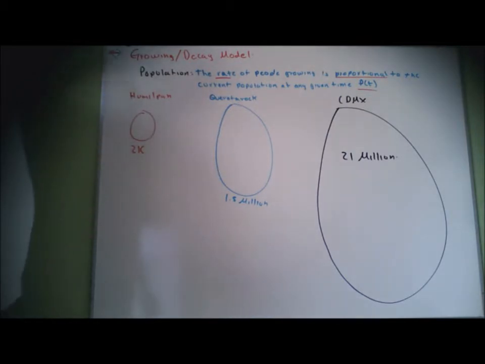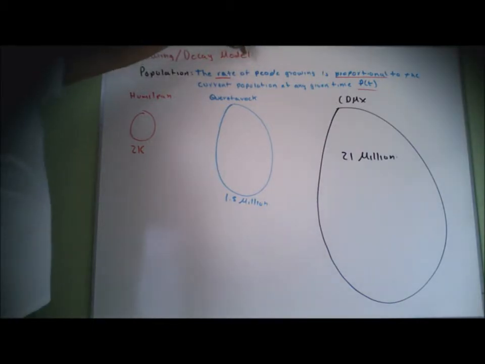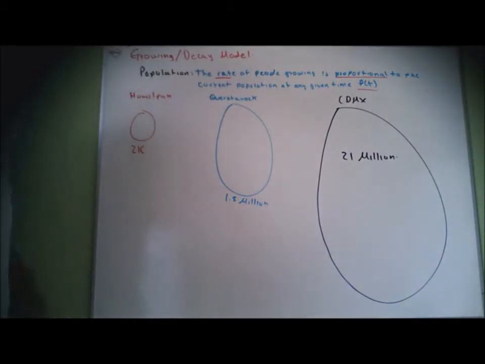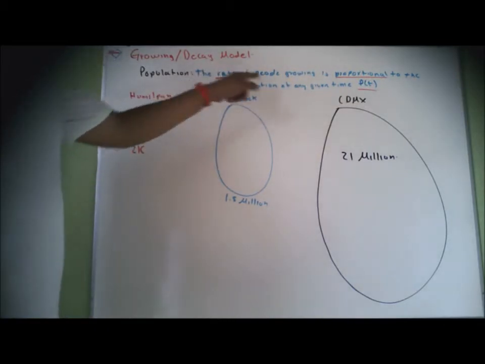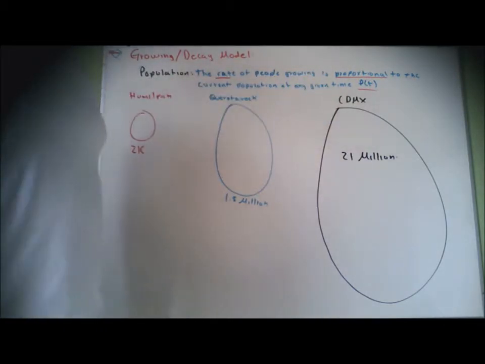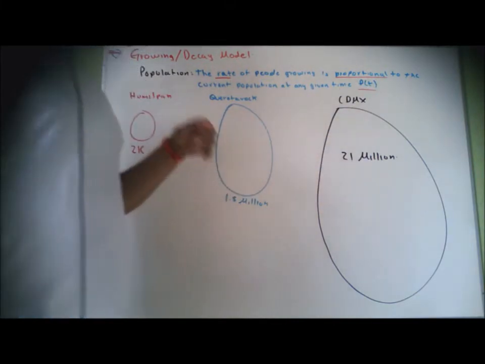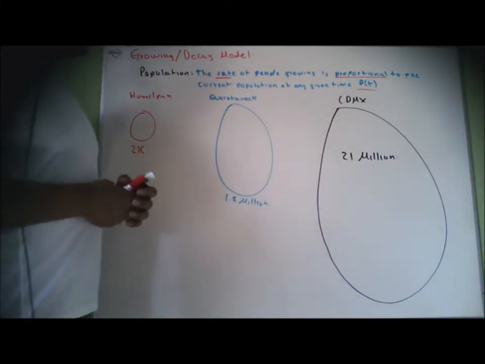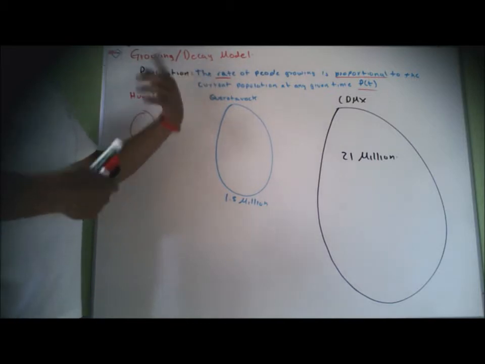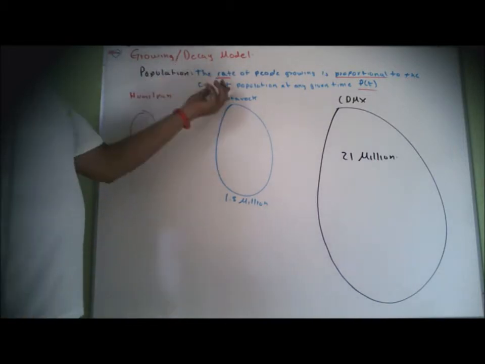So this English economist said the rate of people growing in a city is proportional to the current population at any given time. The rate is the velocity, the speed of the people growing.